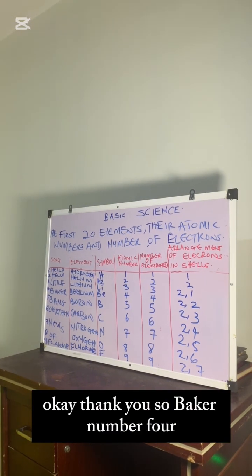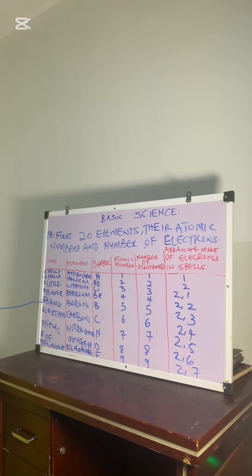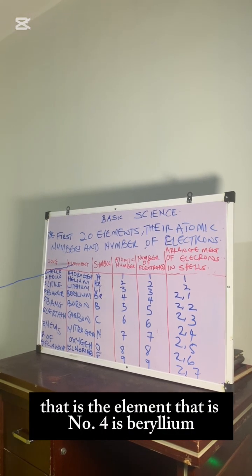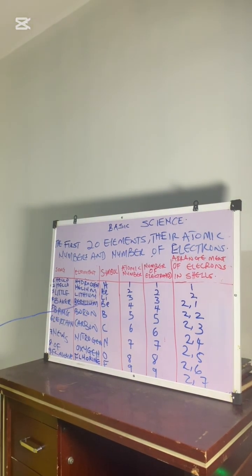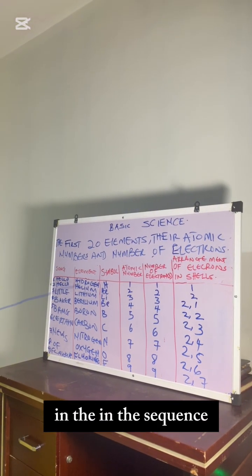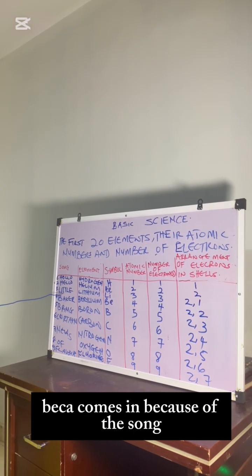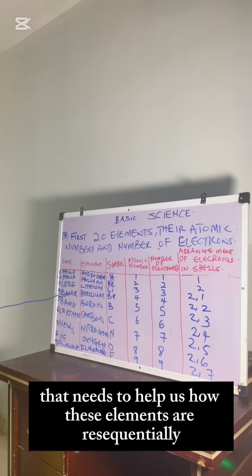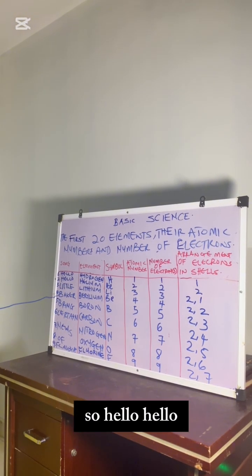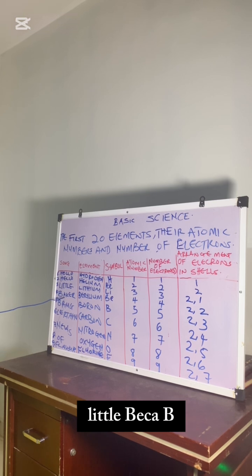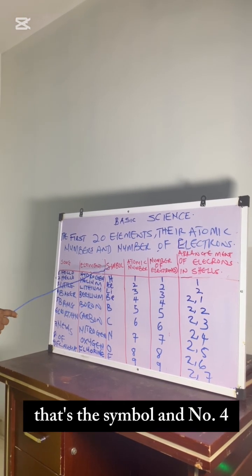Okay, so Baker, number 4, the element that is number 4 is beryllium. In the sequence, beryllium is number 4, but Baker comes in because of the song that helps us remember how these elements are arranged sequentially. So "Lo little Baker": B, beryllium, Be, that's the symbol.